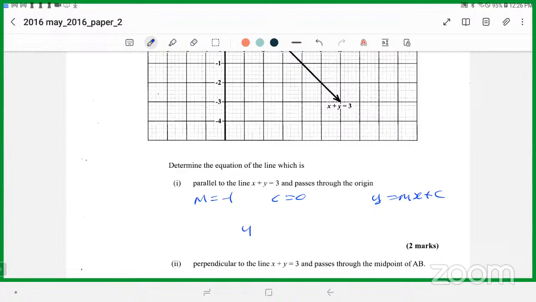So it becomes y equals -1 times x plus 0, because the c value is 0. You can just put -x. So y equals -x. That's the equation of a line. It becomes x plus y equals 0 as well, if you transpose it.